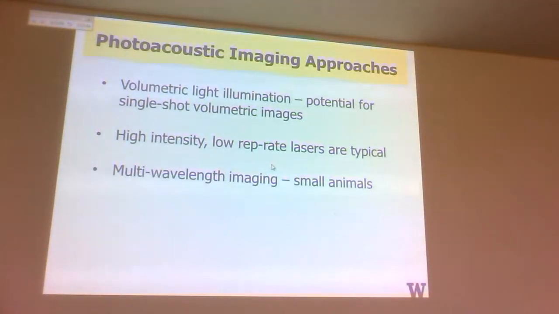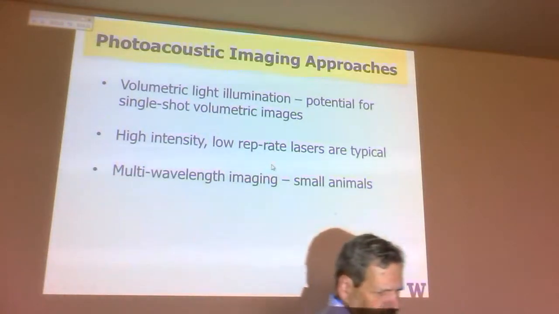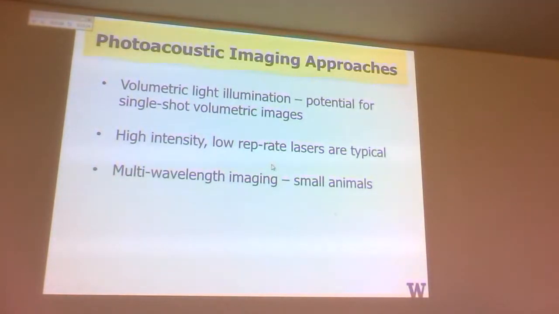To do these multi-wavelength tricks, your wavelengths are way different from each other, so you can have quite different variations in fluence with wavelength as you go very deep. But for small animals, it's perfectly fine, and it works very, very well. I'll show you some pictures of that, which I think are kind of spectacular, from a few groups. So not us. We don't do that.